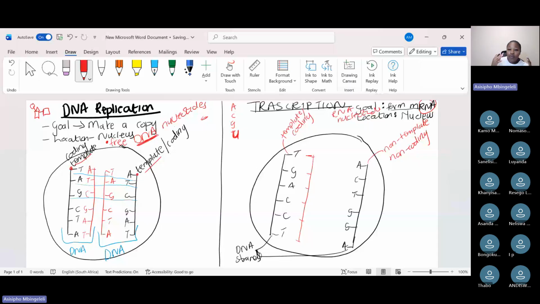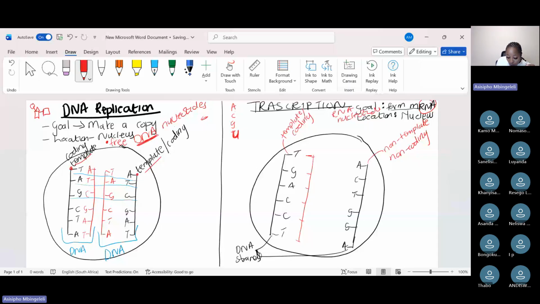When we have the four bases on RNA, we follow the same rule. A becomes paired with U, not T becomes paired with U. Remember, in the bases of RNA, we do have A. So as much as we are forming a messenger RNA molecule, A is available, and this A will pair with the U in an RNA to RNA molecule.